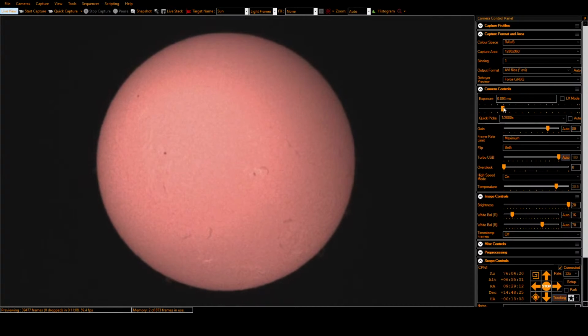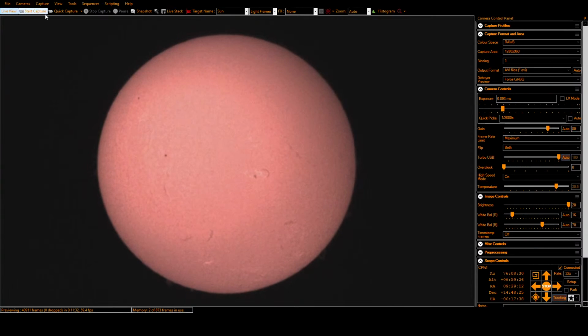Most everybody else uses a monochrome camera to image the sun and then superimpose colors arbitrarily to represent whatever wavelengths they filtered it at. I am indeed using a color camera, the ASI 120 MC high speed.